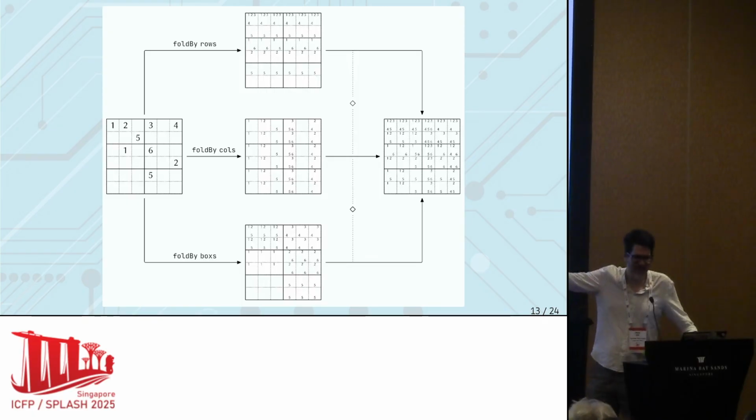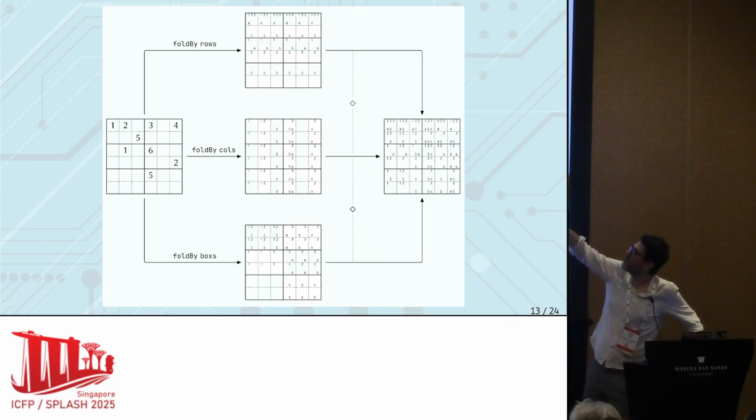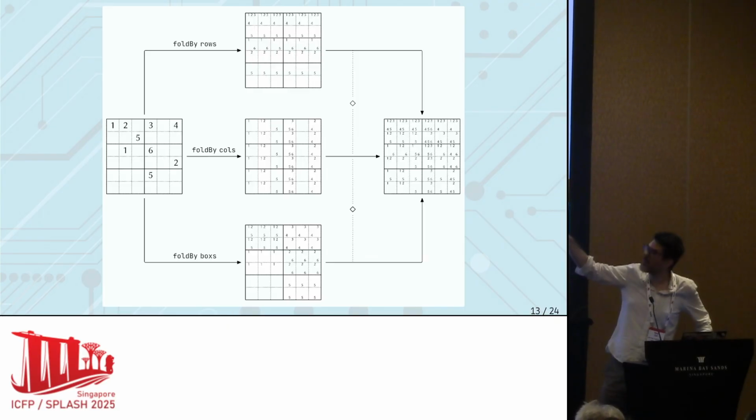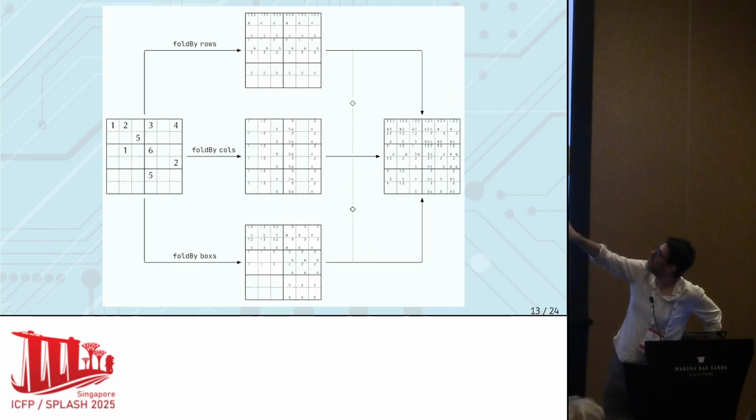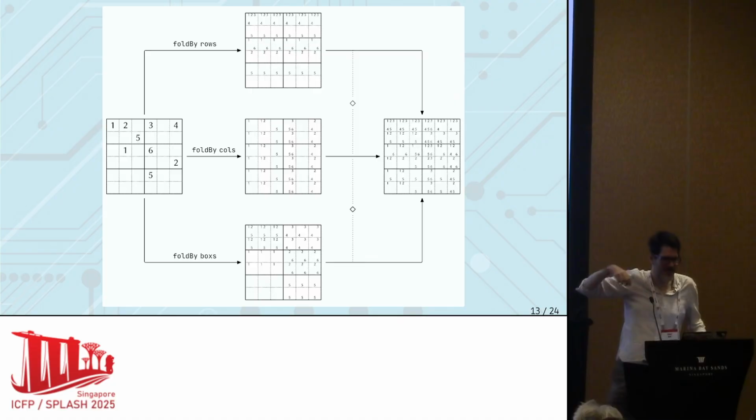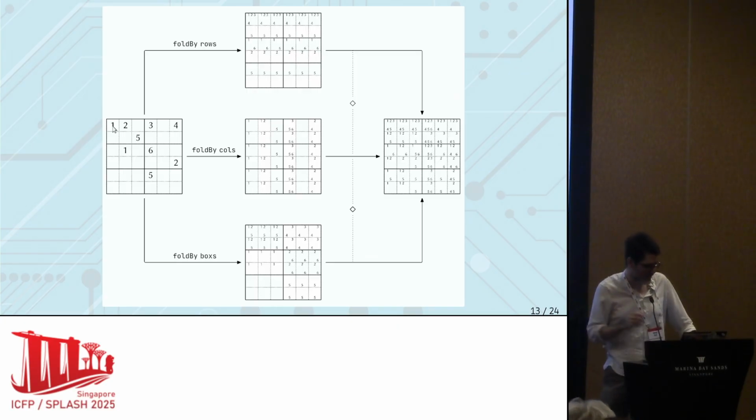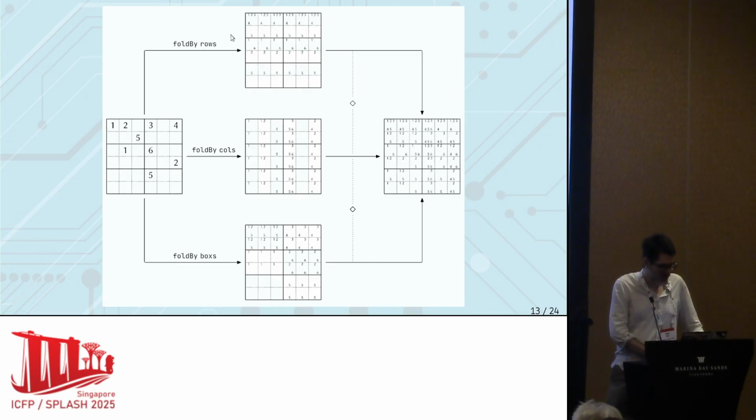So in this example, this is a 2-3 Sudoku, just so that it's small. So when we fold by rows, what that corresponds to is for every row, we take the monoidal combination of the masks, right? Like, if I know that something has to be, like this cell, it has to be 1. This is something that, for example, is part of the original problem. Then in the first row, I know that nothing else can be 1.